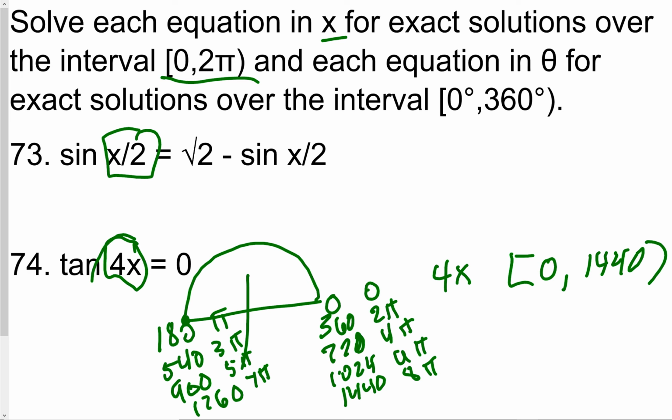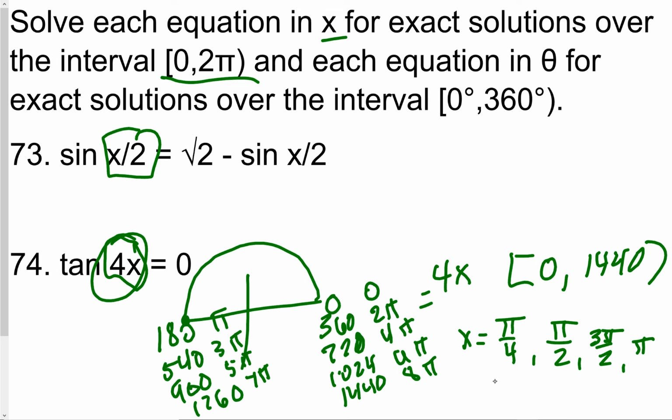Okay, and then we're just going to divide those all by 4, right? Because this is 4x. 4x is equal to all of these. So I get x equals pi fourths. x equals pi halves. 2 pi divided by 4 is just pi halves. 3 pi divided by 4 is 3 pi over 4. 4 pi, that's just pi. 5 pi, that'd be 5 pi fourths.